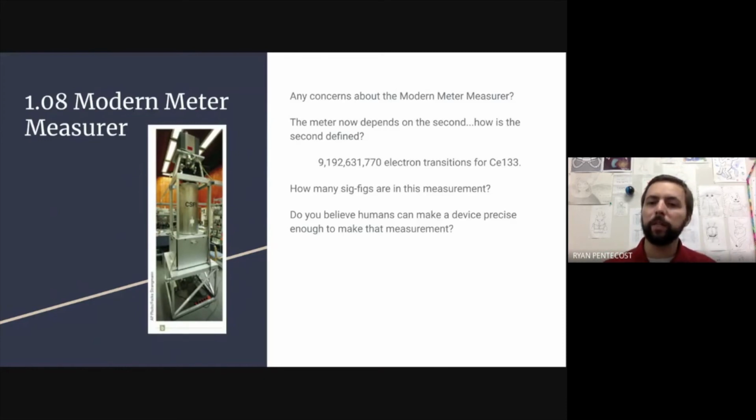But again, we're trying to get something that's not Earth dependent. Now, the second definition is kind of Earth dependent because that cesium atom needs to be a certain temperature under a certain amount of air pressure under a certain force of gravity, yada yada yada. So that is still kind of Earth dependent.